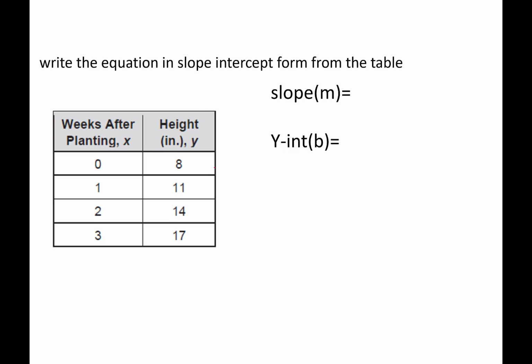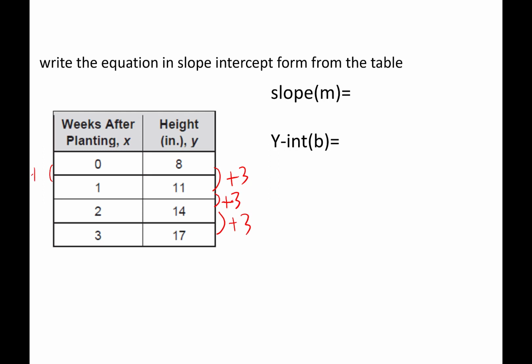Okay, finding my slope, to go from 8 to 11 is adding 3. 11 to 14, we're adding, not 15, we're adding 3 again. And 14 to 17, we're adding 3 again as well.